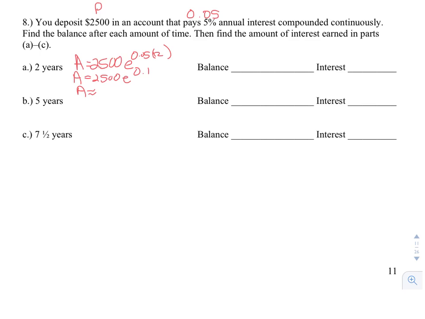It comes out to be approximately $2,762.93. Since we initially invested $2,500, if we subtract the two, we'll find out how much interest we made. So $2,762.93 minus $2,500 shows us that the interest earned is $262.93.